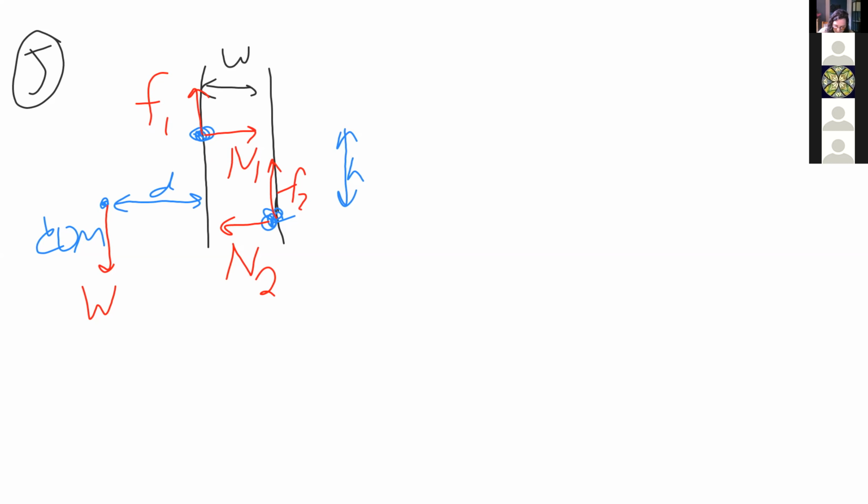Okay, so start by summing the forces in both the x and the y and see what comes out. Luckily, we are in static equilibrium, which means that when we sum our forces, it's going to be equal to 0. We just need to determine what is positive, what is negative. In our positive x direction, the only force is n1, pointing to the right. And in the negative x direction, the only force is n2.